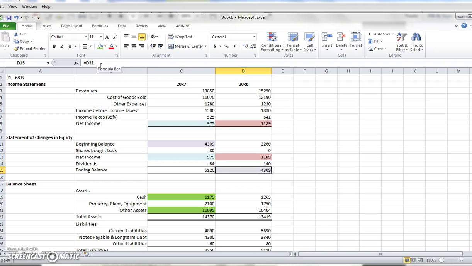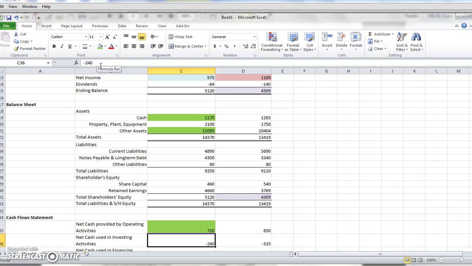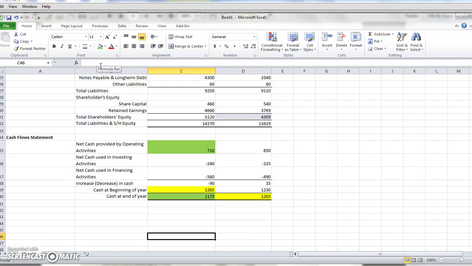So their ending balance is still stronger than it was in 2000x6. About the same. That's not really that much of a difference in the cash in the bank. Total assets have gone up, and you can see what's happened here with the retained earnings. But cash at the end of year, they just have less cash.